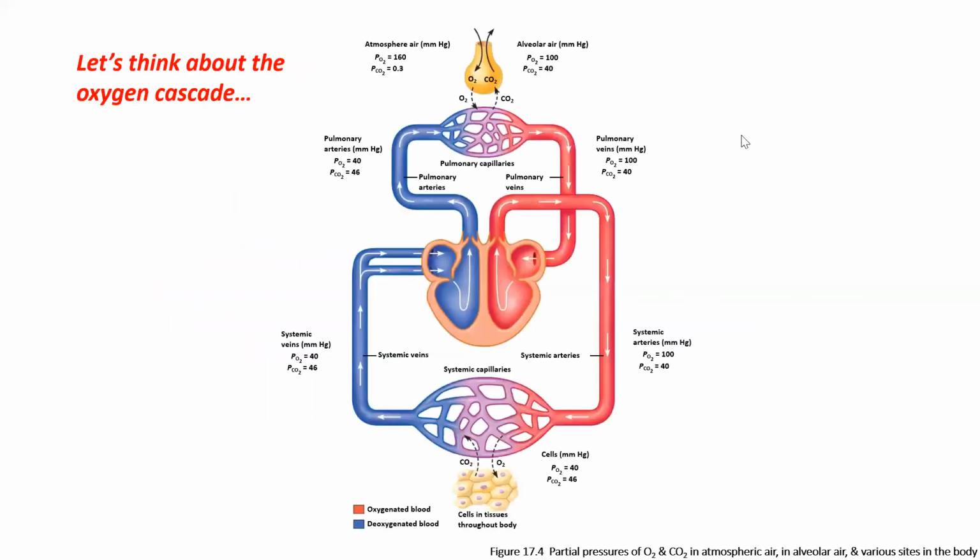All right. So if we think about that, we can then look at the oxygen cascade. And this is basically thinking about how the partial pressure changes as we move from the atmosphere into the alveoli, through our systemic arteries, down to the level of our cells and tissues here, at the level of systemic capillaries, and then back in the opposite direction, okay? And so we can see that the partial pressure of our gases is changing, and it's changing such that we have a gradient.